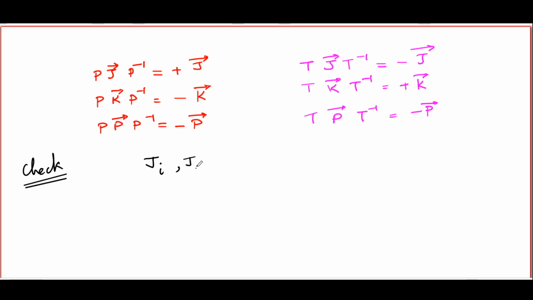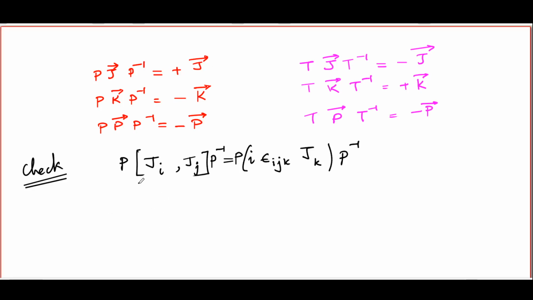the commutation relation between the angular momentum components Ji and Jj. And as you all know, this is exactly equal to i epsilon ijk Jk. Now, if we hit this equation from the left by P and from the right by P inverse, what we get is the following.